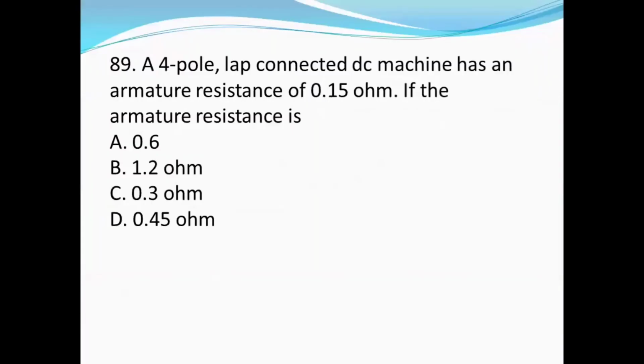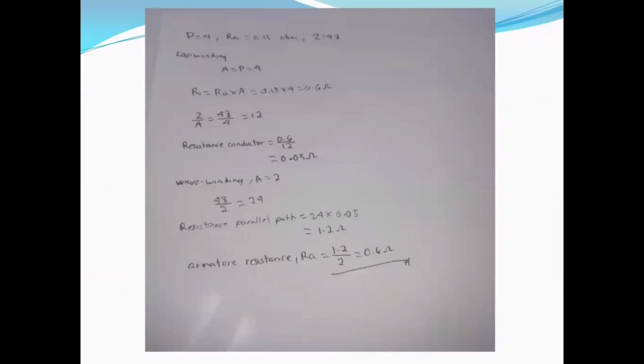Next is the lap connected DC machine with an armature resistance of 0.15 ohms. If the armature resistance is blank, the solution is P is equal to 4, then R is equal to 0.15 ohms, then given Z is 48.